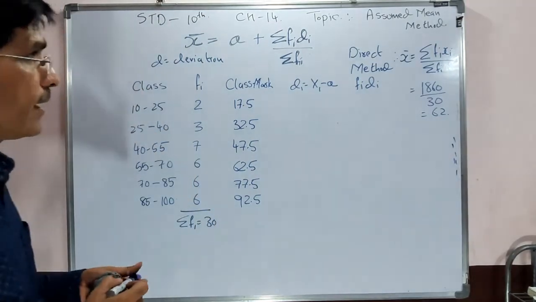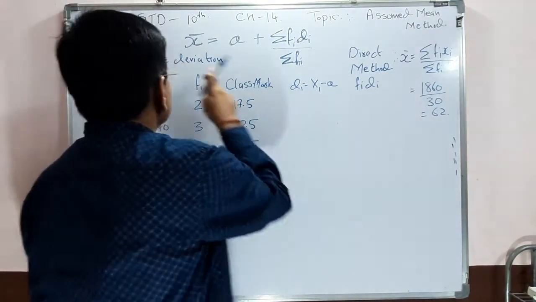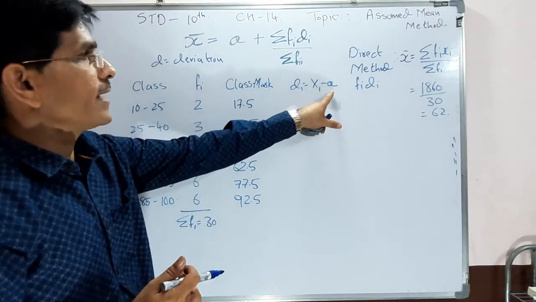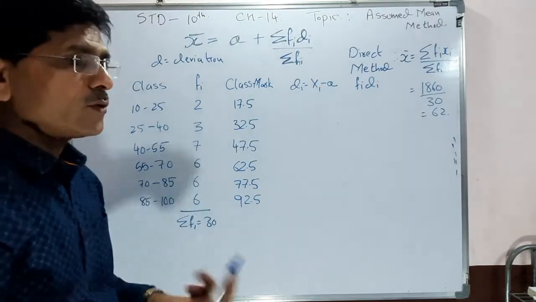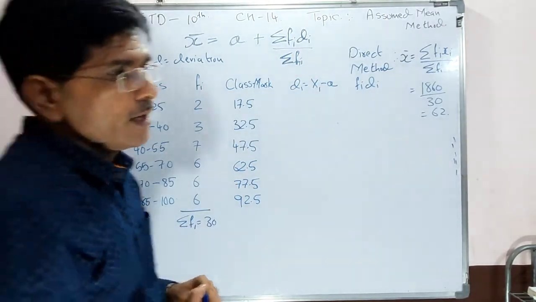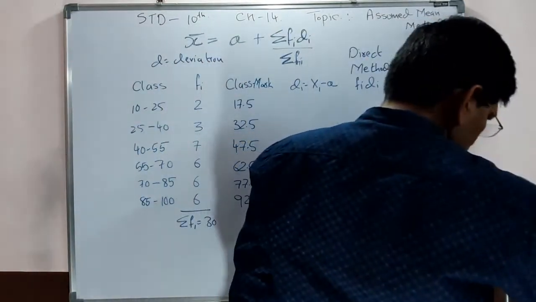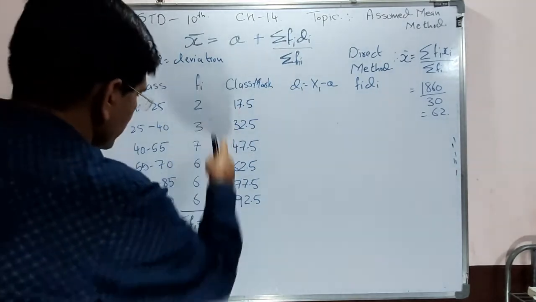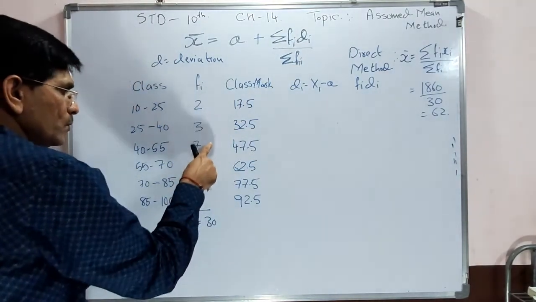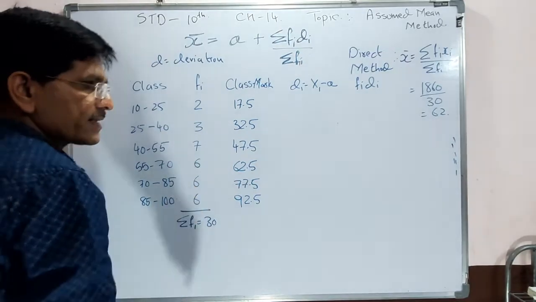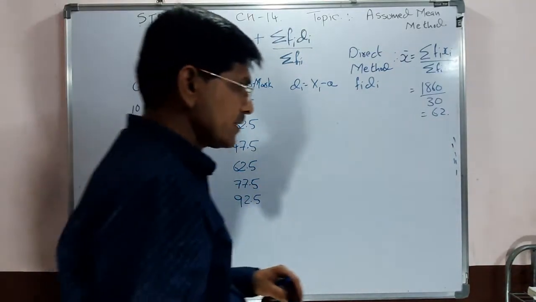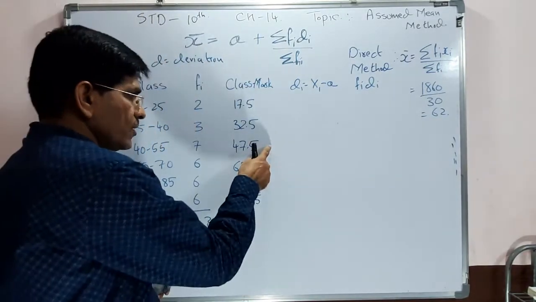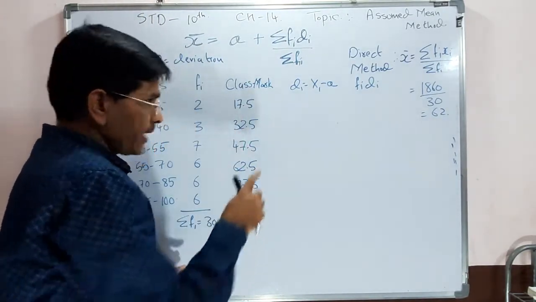Now di is the deviation, that is, how much deviation we are from the assumed mean a. So where we take a is important. How many classes are there? You will see 1, 2, 3, 4, 5 and 6 classes. When 6 classes are there, you can take a either at the third or fourth.